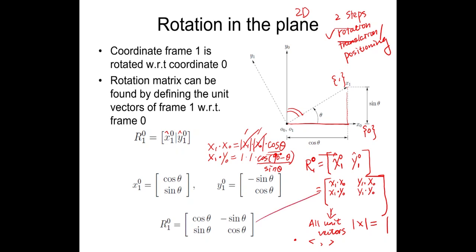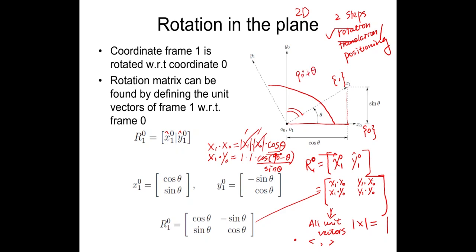Now let's compare these two. This term, y1 dot product x0, again, since the lengths are 1, we only need to consider the cosine of the angle. Here I have my x0, and y1 is here, so this big angle is 90 plus theta.